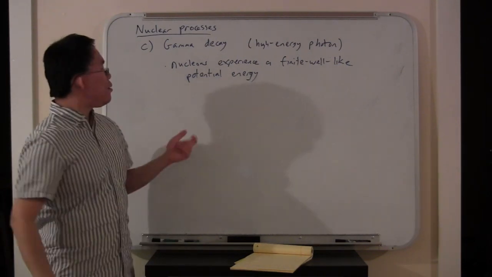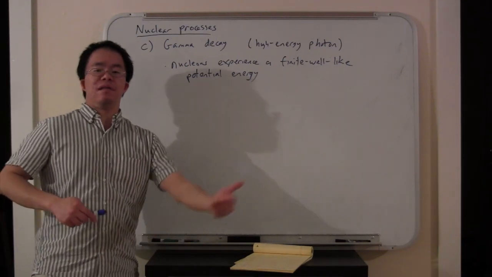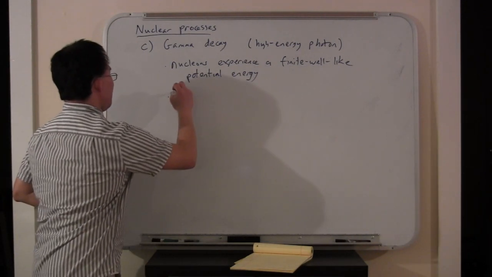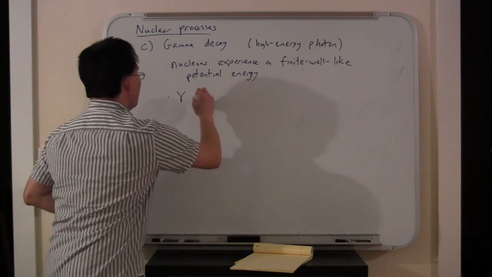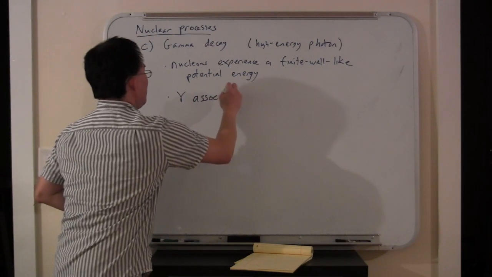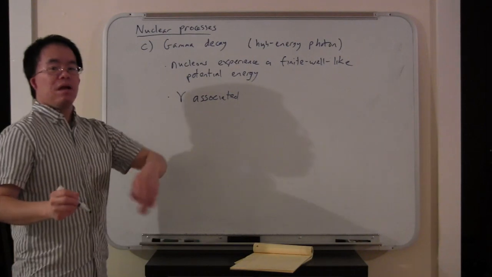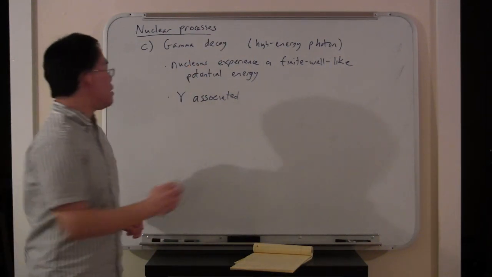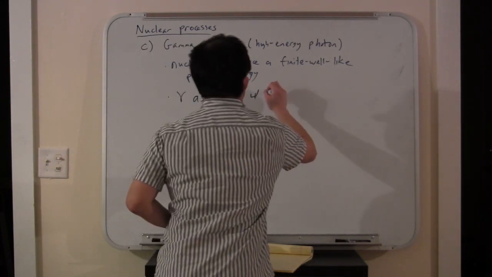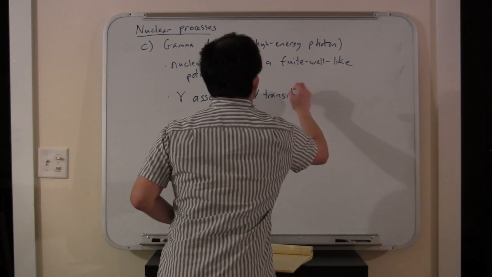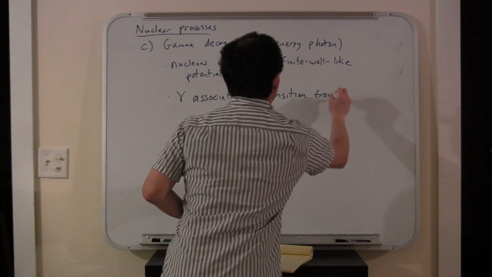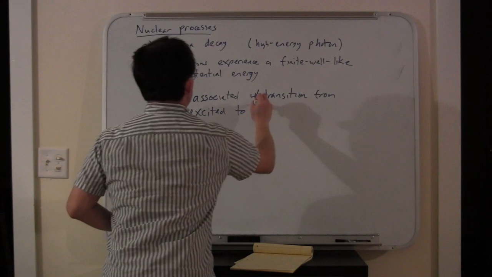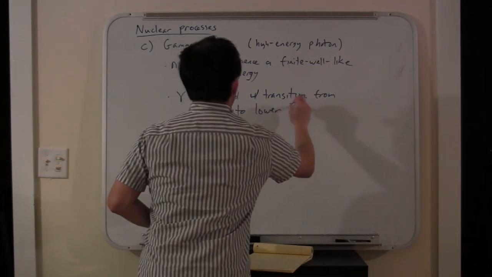And so a gamma photon is emitted when the photon is associated with a nucleon going from some excited state to a lower energy state.